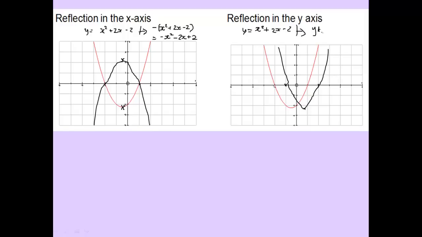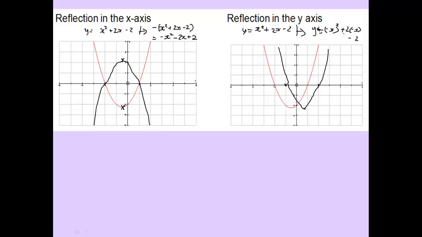And the effect this has is y equals x squared plus 2x minus 2 now becomes y equals minus x, in brackets, squared, and then it's plus, and then instead of 2x it will be 2, and everywhere x occurs it becomes minus x, and then minus 2.